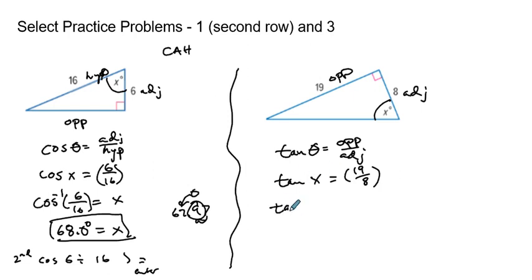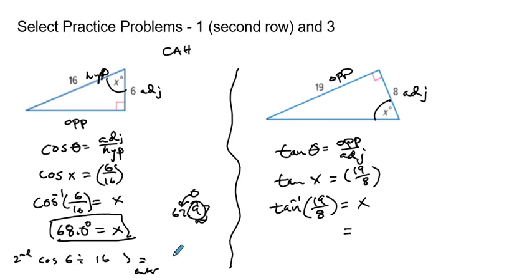So we're going to go with the inverse tangent of, and then this is where you swap stuff around. So 19 over 8 is equal to x. Okay, so just throw it in the calculator. I'm not going to write it out this time. I'm just going to talk you through it. So we are going to find our second button first, then we hit the tangent button, and then 19 divided by 8.